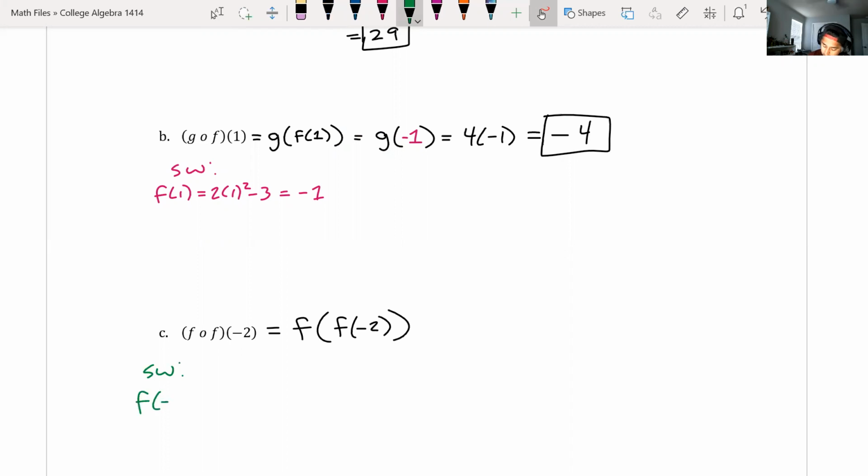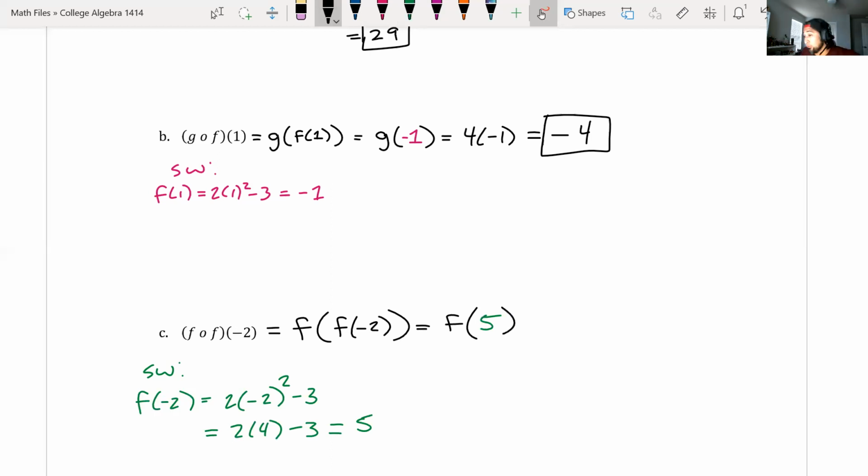I'll get f of negative 2, which will give me 2 times negative 2 squared minus 3. That'll give me 2 times 4 minus 3. So we'll get 8 minus 3, which gives me 5. Okay, so f of negative 2 will become 5. So this means we'll get f of 5.